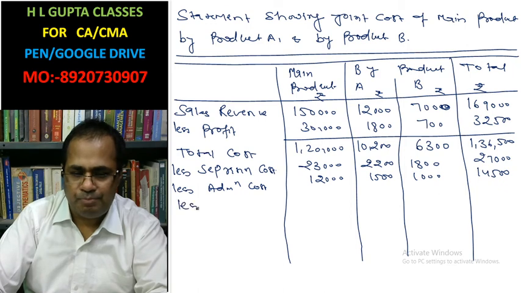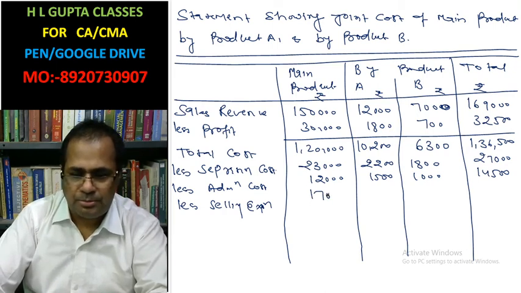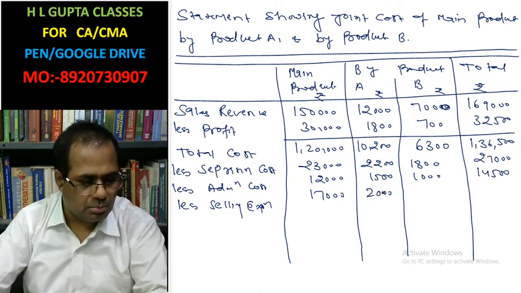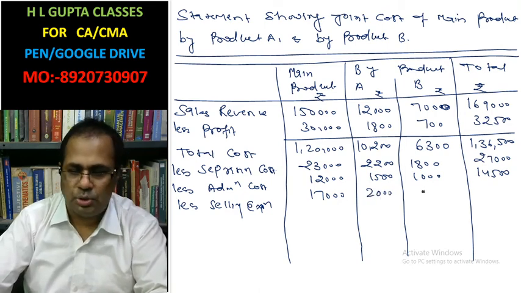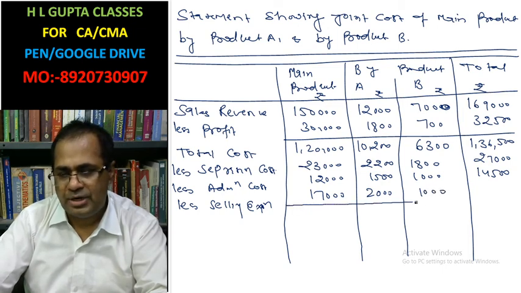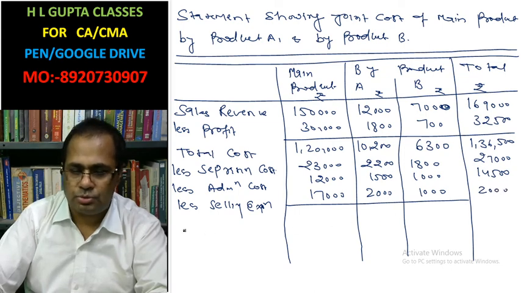Less selling expenses. We have already calculated 17,000, 2,000, and selling expenses 1,000. After this, joint cost will come.